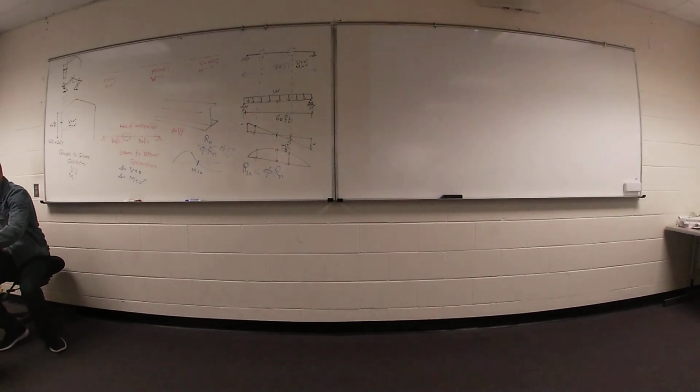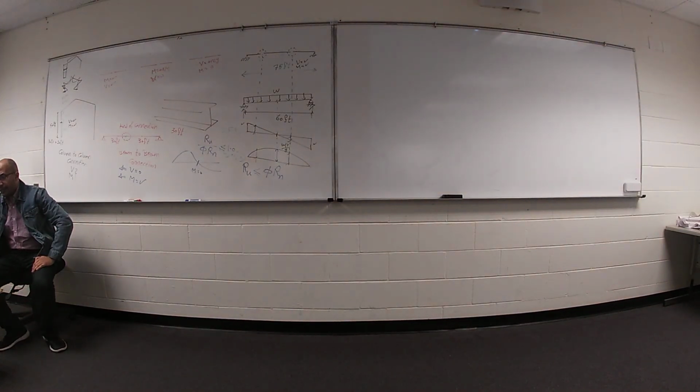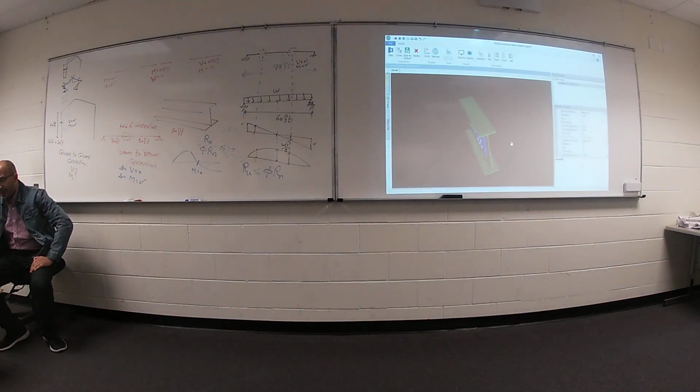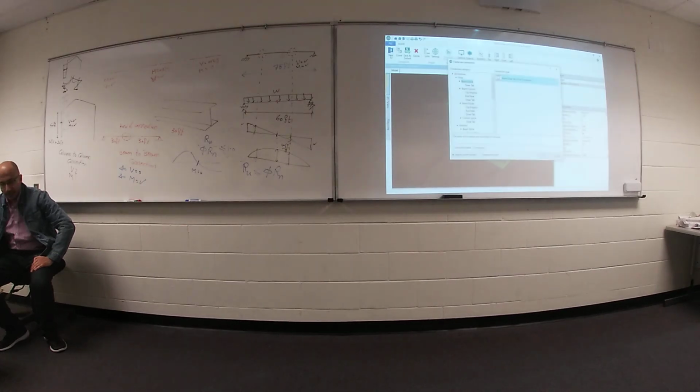Let's see. In the software, if you would like to add another type of connection to this project, you can say new. Now we have, going down, beam splice to support moment. The first one is beam splice only to support shear. The second one is beam splice only to support moment.